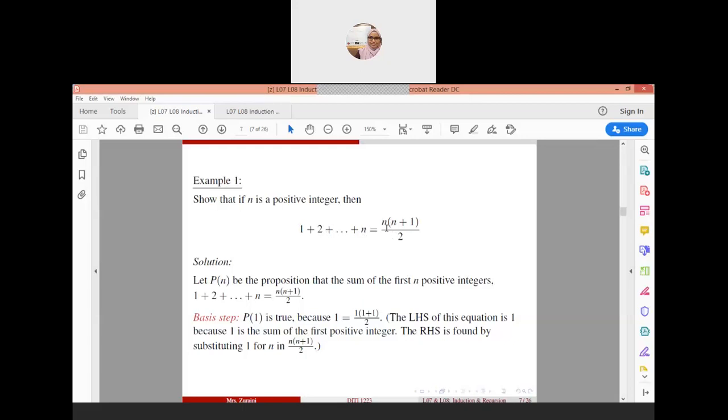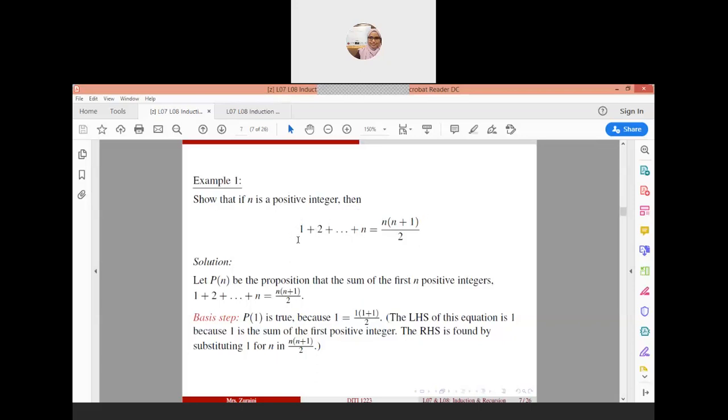Now show that if n is a positive integer, so when we read this statement, we know that n is a positive integer, meaning that n will begin with 1, 2, 3, increasing by using the positive integers. So how can we prove this statement is true?